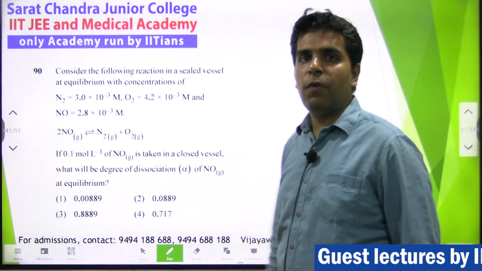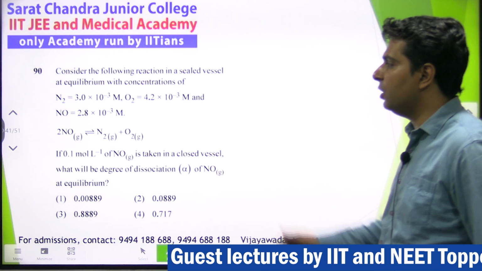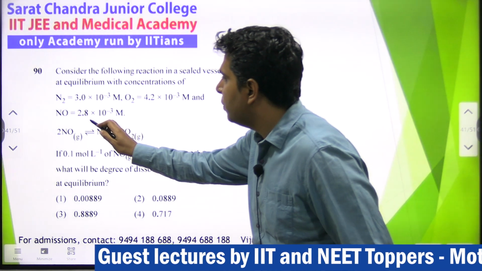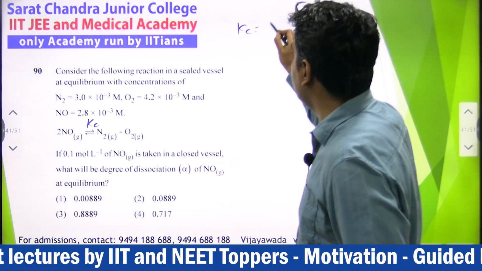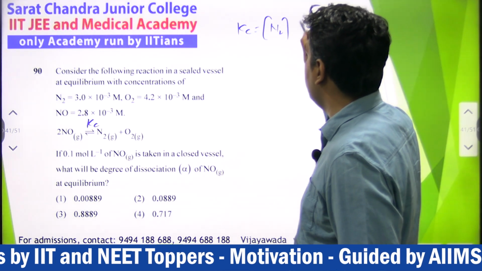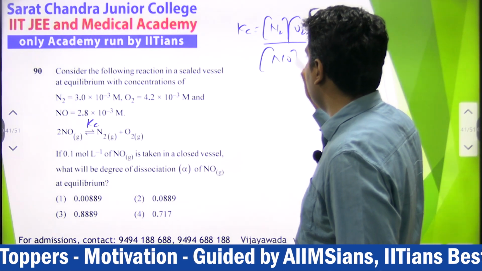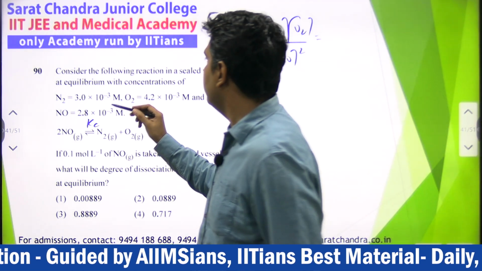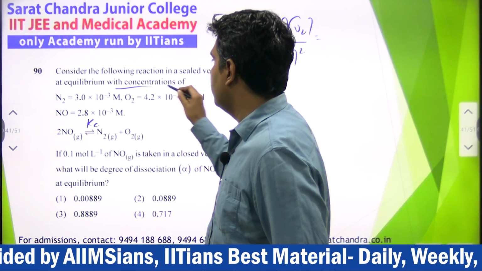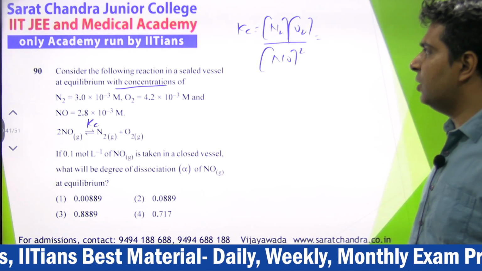Next question. Consider the following reaction in a sealed vessel at equilibrium, with concentrations given at equilibrium. So equilibrium constant Kc for this reaction will be concentration of N2 at equilibrium, concentration of O2 at equilibrium, divided by concentration of NO at equilibrium whole square. So at equilibrium, these are the concentrations given.